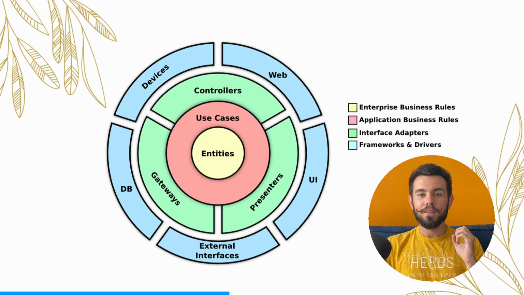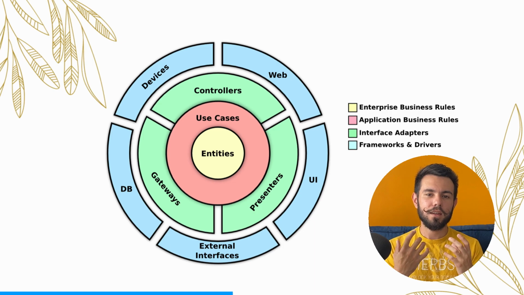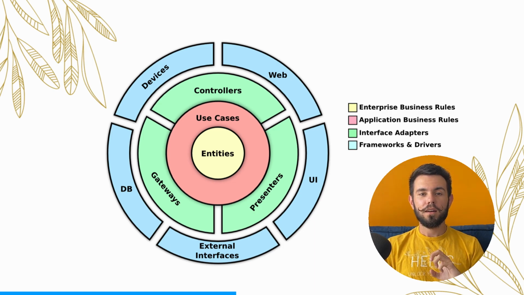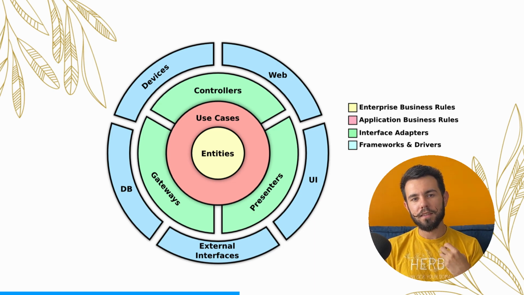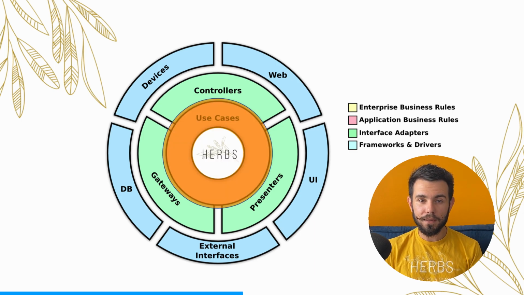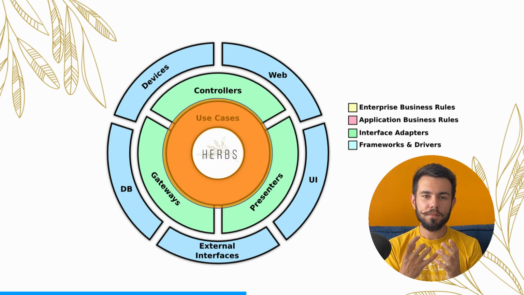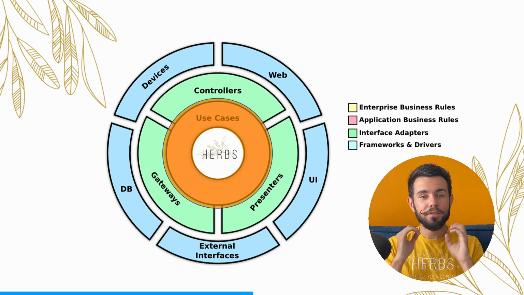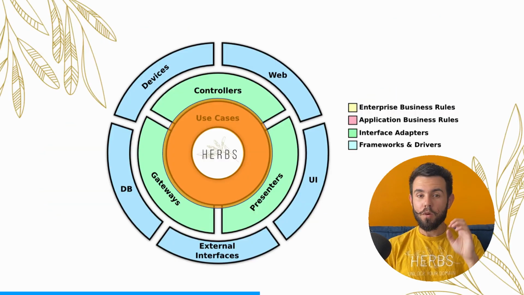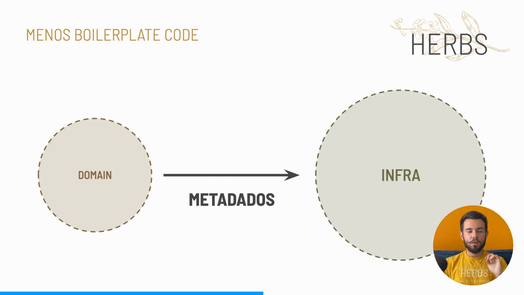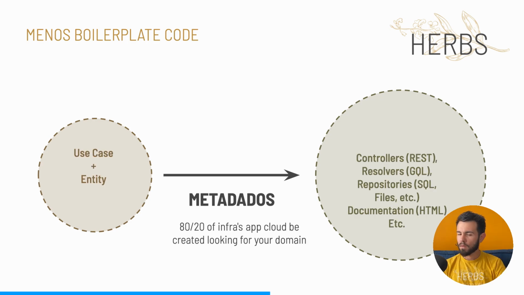Well, Herbs is inspired by clean architecture. So we have the use case and the entities, which are our domain, and Herbs works together with your domain to generate metadata, and with this metadata generate everything else. So how does it work? We have our domain and we have our infrastructure.